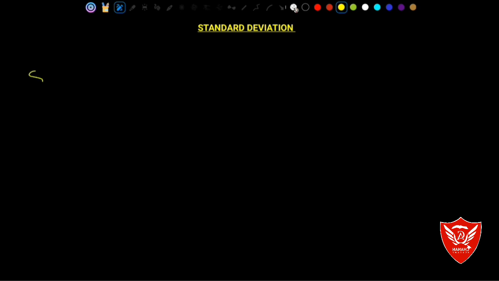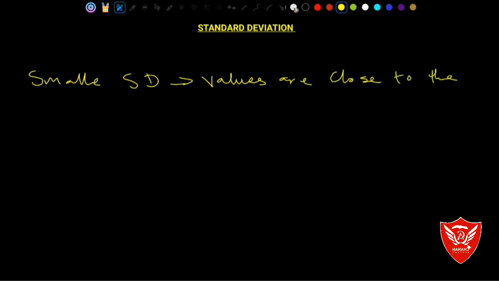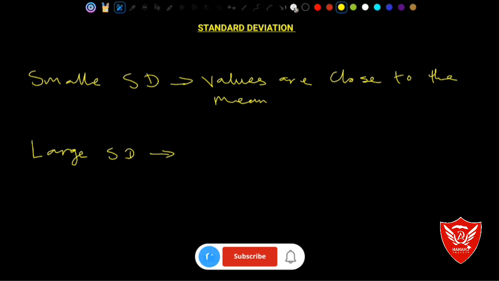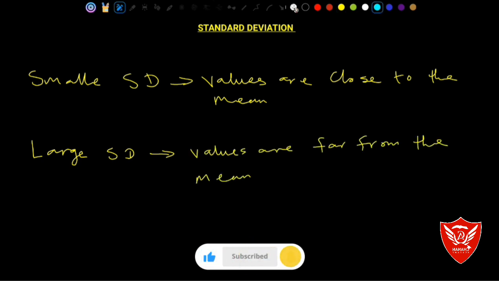The standard deviation tells us the average distance of data values from the mean. A smaller standard deviation means that the values are close to the mean. A large standard deviation means that the values are far from the mean. The standard deviation is just the square root of the variance.